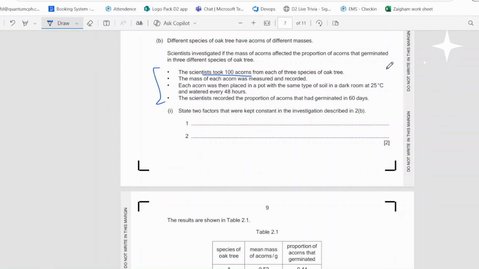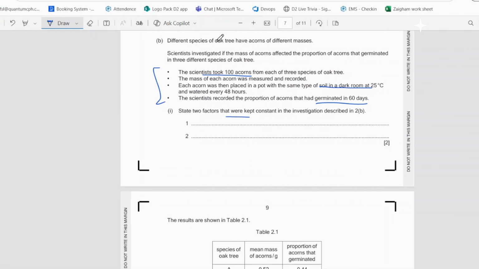Why were they kept in the dark? It's written in the third point that they were kept in the dark during germination. Exactly.